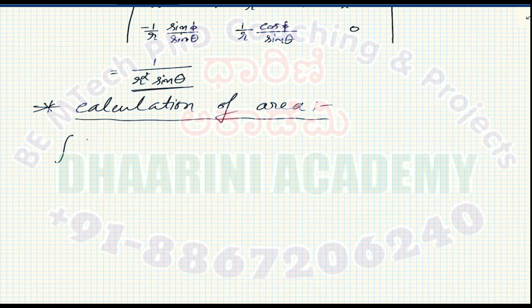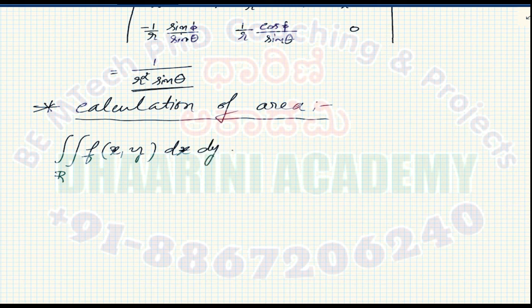Let's say the area calculation is a double integration, so we already know that. Over any region R, a function is given, let's say f of x comma y, dx dy.